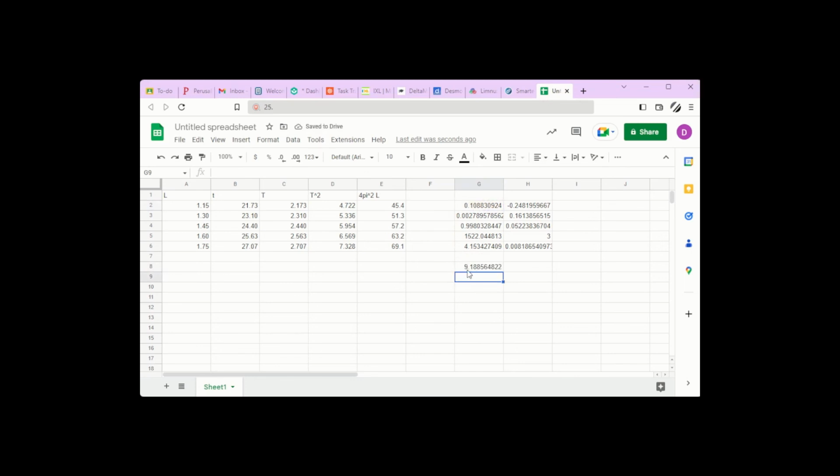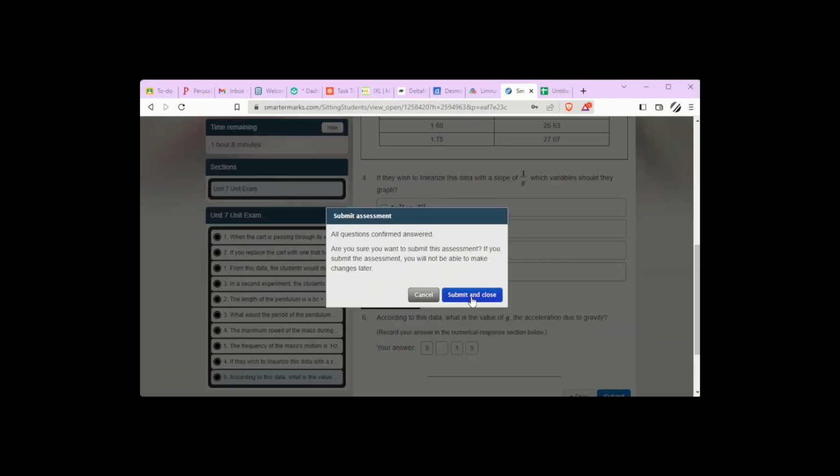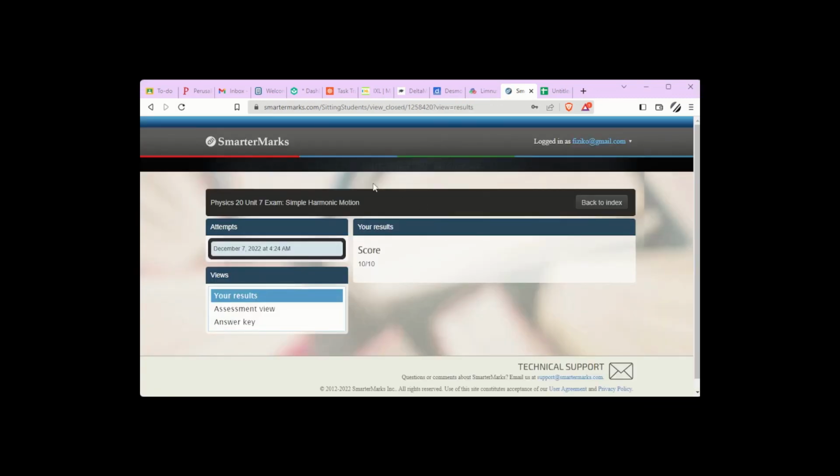So we have a 9.19 is our acceleration due to gravity with this data. And that's the information we need to extract. And this solves our Unit 7 unit exam.